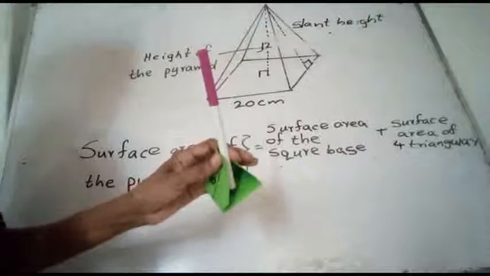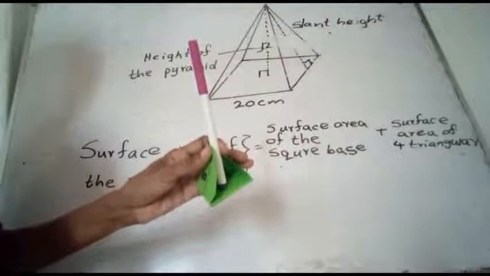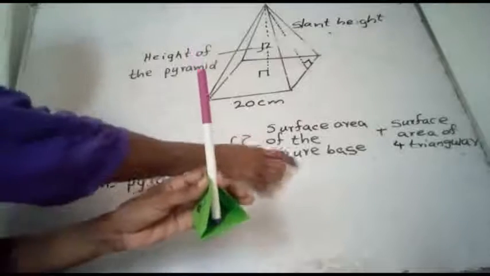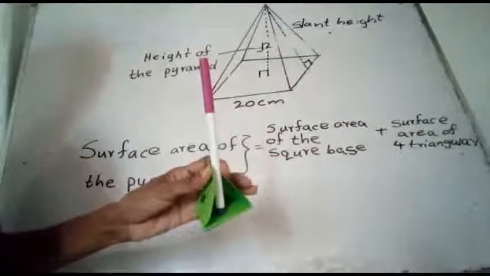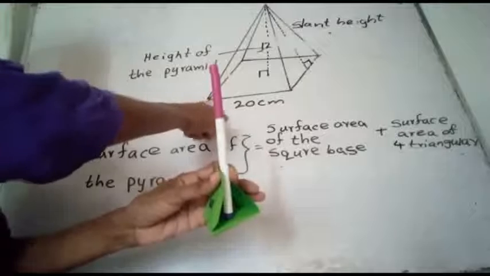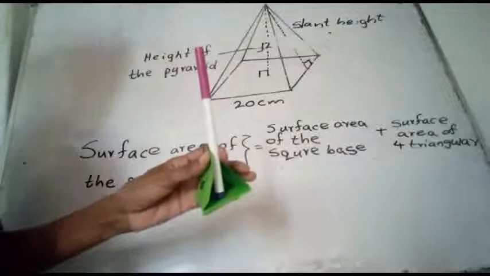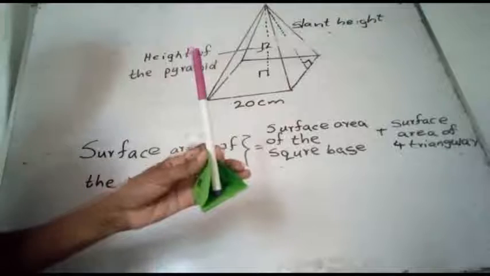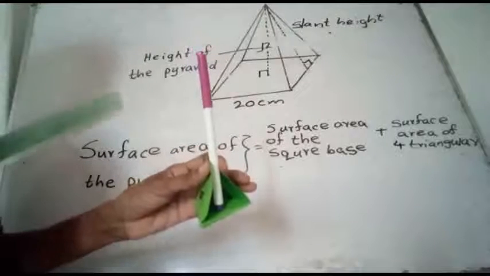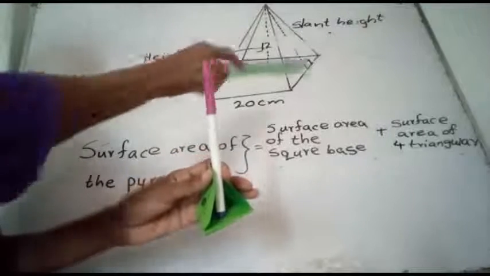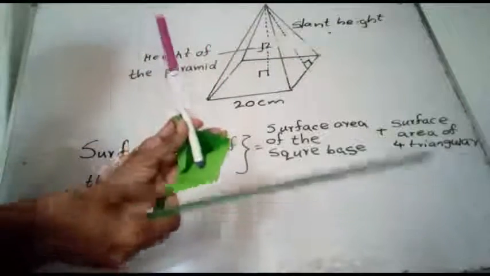To find the surface area of the pyramid, we must find the area of the square base. We can find it with the square of 20. And we must find the surface area of these triangular faces.